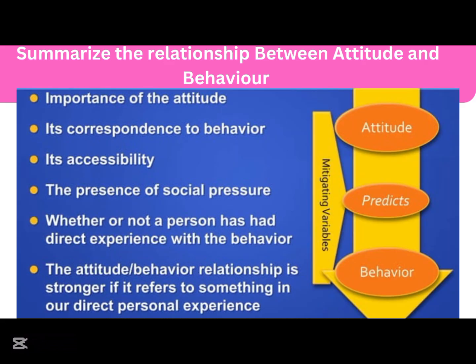Summarize the relationship between attitudes and behavior. Importance of the attitude. Its correspondence to behavior. Its accessibility. The presence of social pressure. Whether or not a person has had direct experience with the behavior.